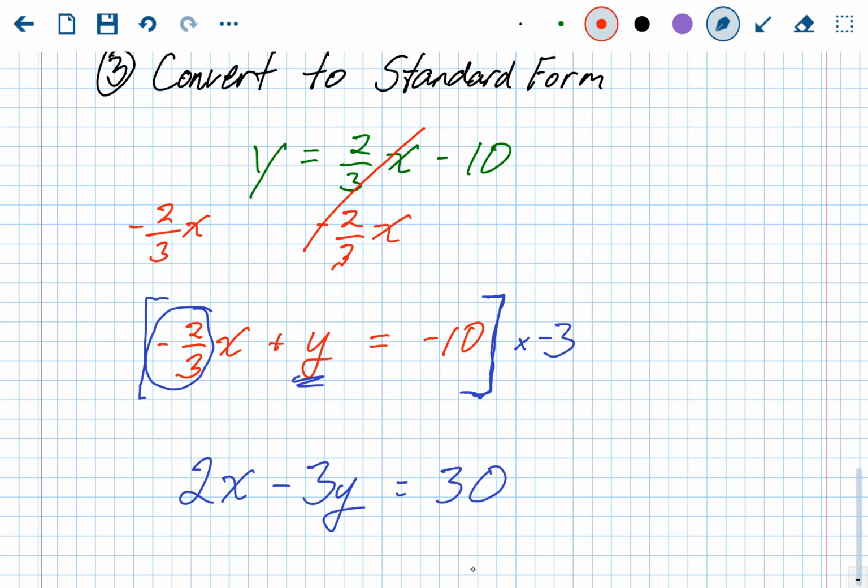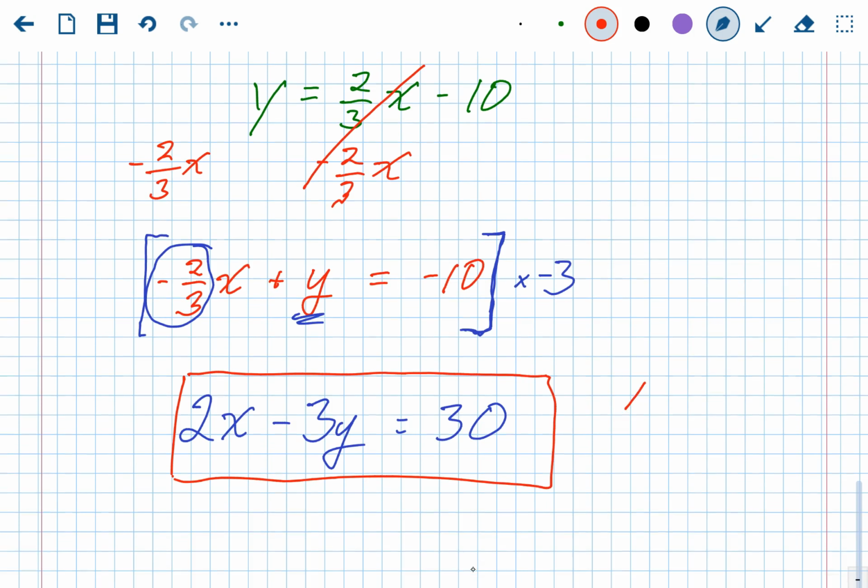Which puts us in ax plus by equals c form, okay, which is standard form, which is what we were looking for. Now make sure your a, b, and c values, your a value is 2, your b value is -3, your c value is 30. So make sure those don't have a GCF, and they don't. And again, what does standard form tell us?